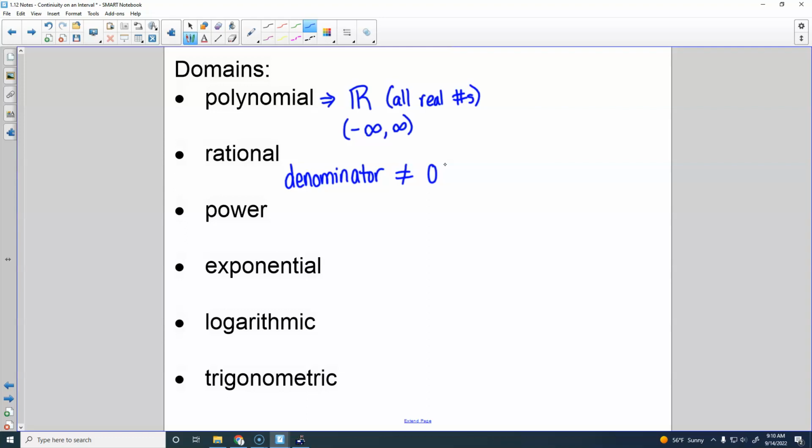All right, power functions, something like f of x equals x to the 5th, that is just going to be all real numbers. The times that we are going to run into restrictions on power functions is when we have fractional exponents.